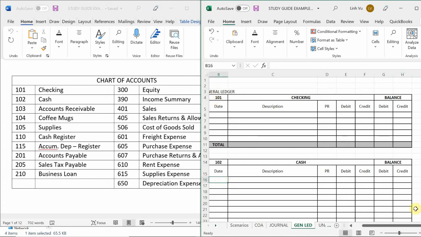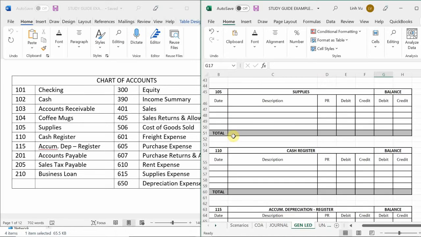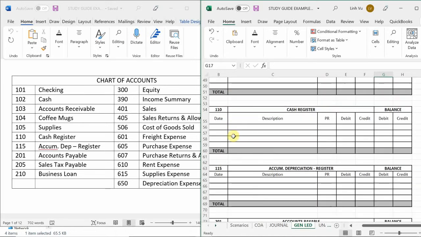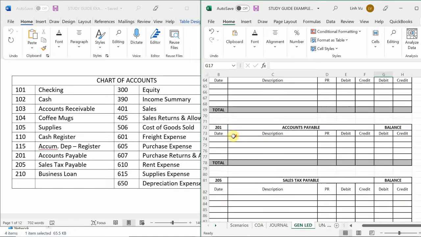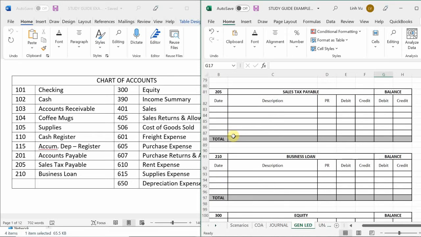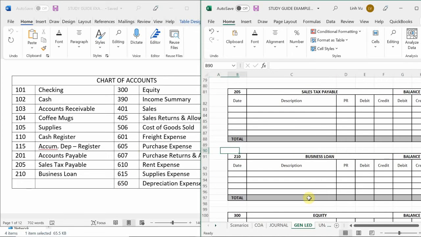So here, okay, we got 15,000 here. I gotta find my business loan, which is account number 210.